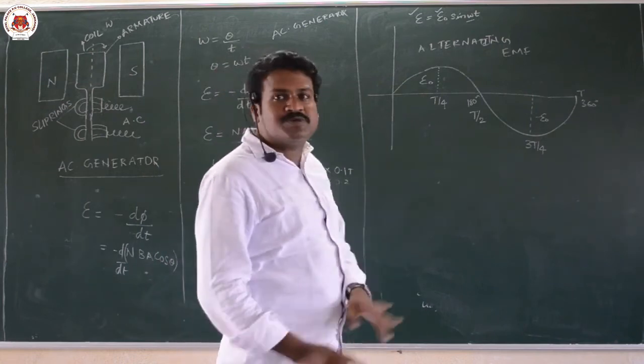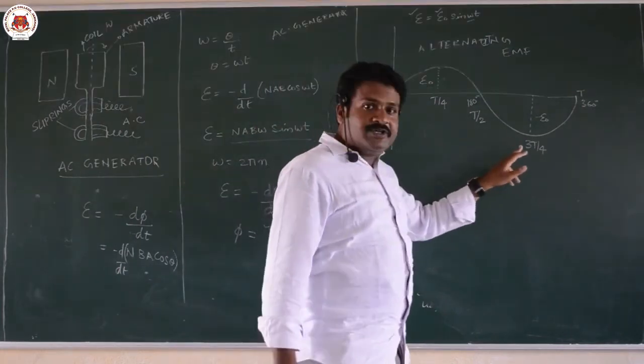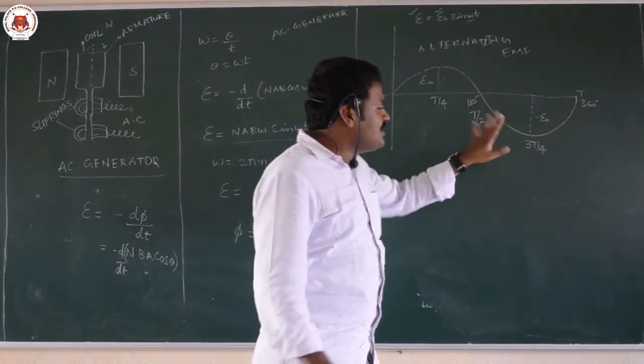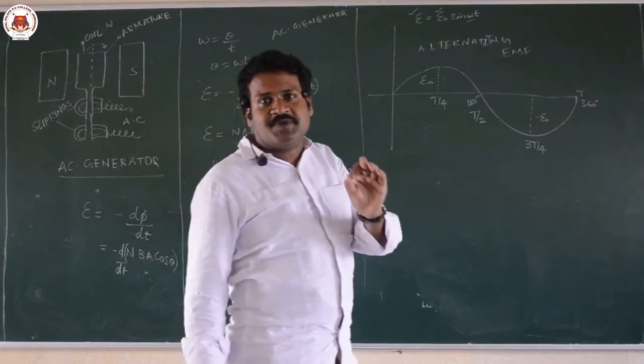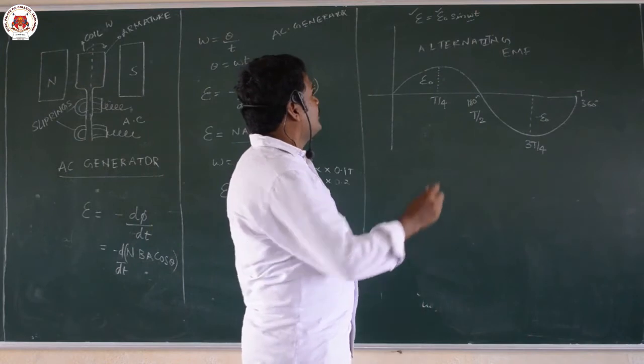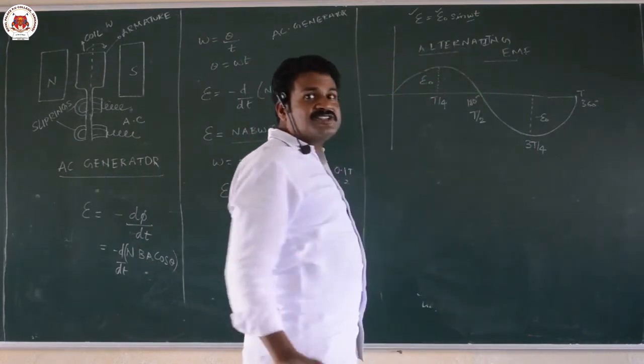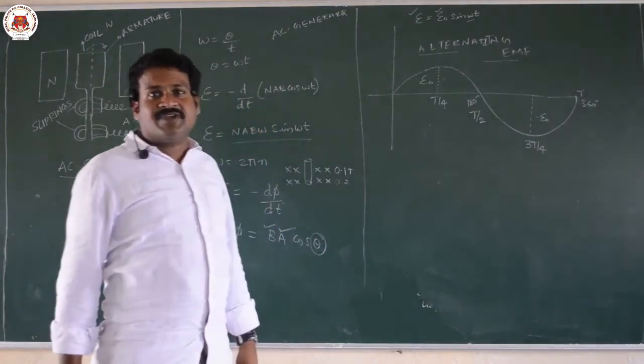If you take the value of sin theta also, sin 0 starts with 0, sin 90 is 1, again at 270 it is minus 1. The maximum value of sin theta is 1, the minimum value is minus 1. So this type of current is called alternating current or sinusoidal current, which has sin theta.